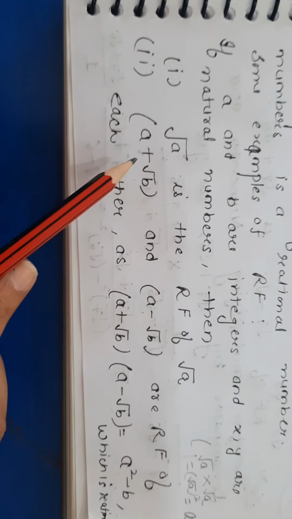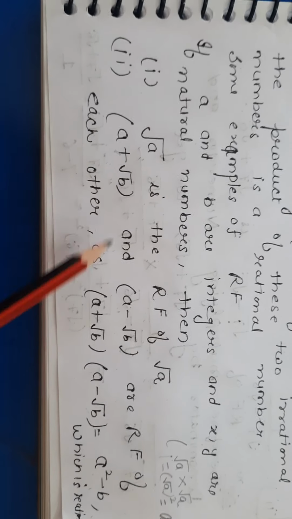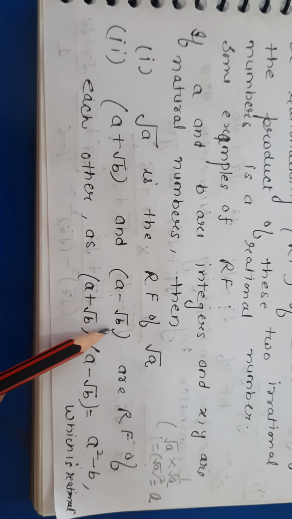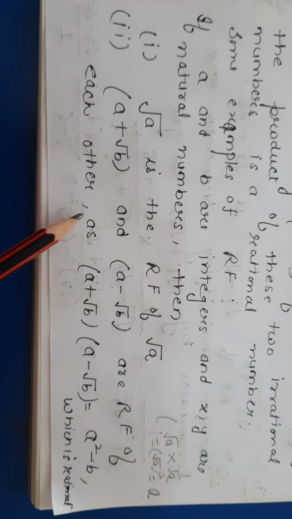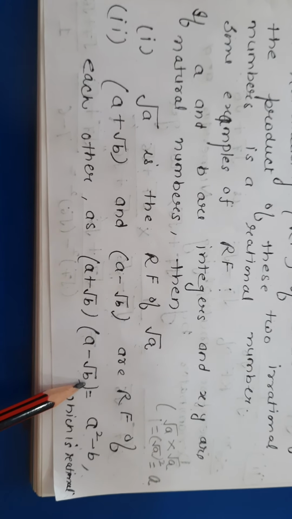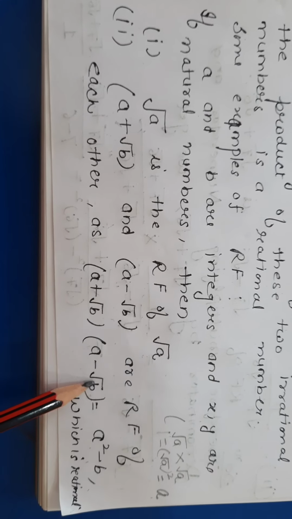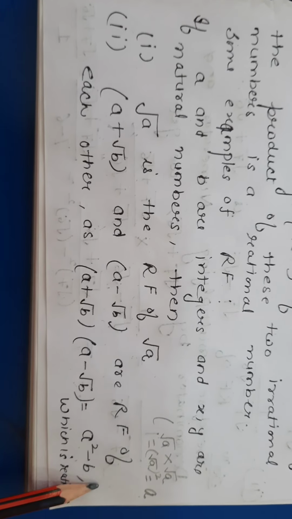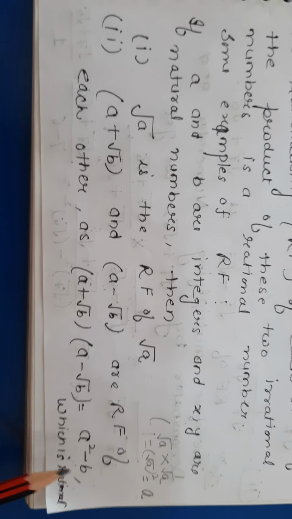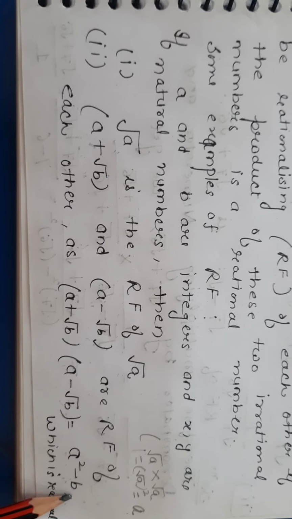Second, a plus square root of b and a minus square root of b. These two are rationalizing factors of each other because when you multiply them, you will get a square minus square root of b whole square, which is further equal to a square minus b.